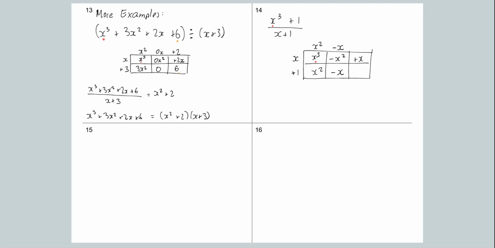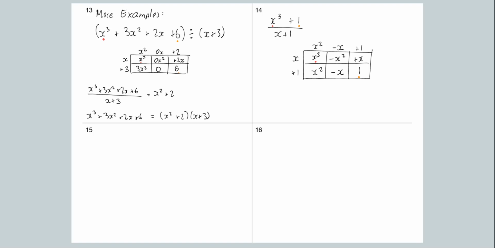And so I follow my process again. I've got x times what equals x. x times 1 will give me x. And then I'm going to multiply 1 by 1 here. I get 1, which is the same as the constant term here. So therefore, it again goes in exactly evenly. There is no remainder left whatsoever.